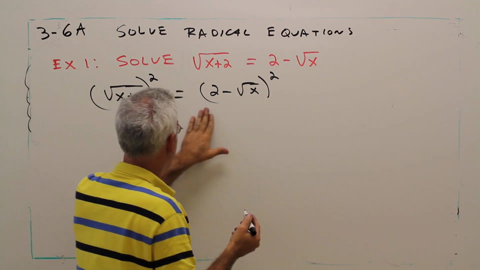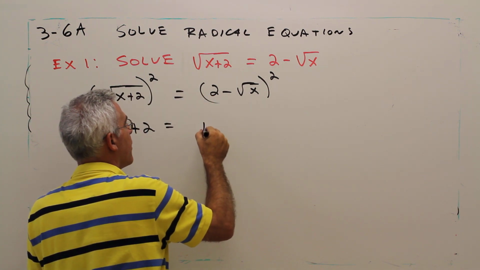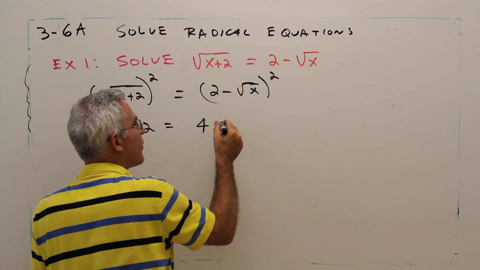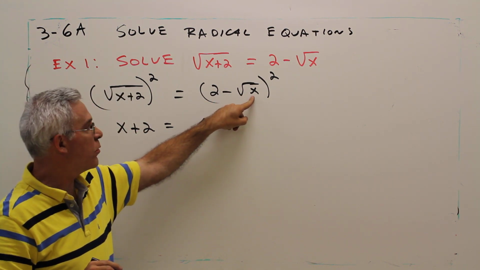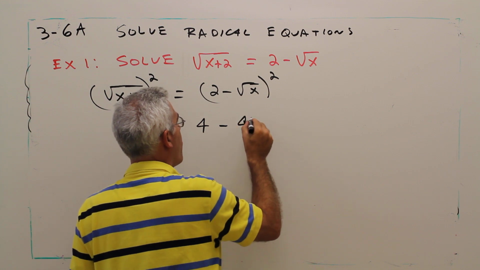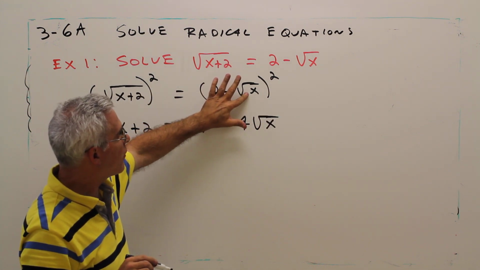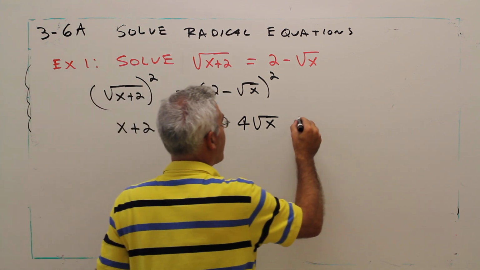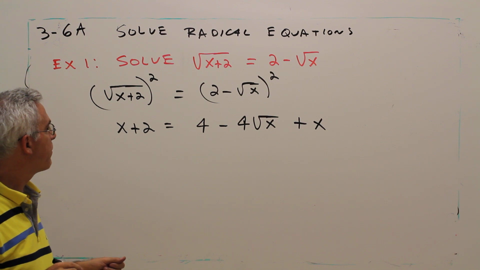I'll just use the pattern. So it's going to be first thing squared minus this times 2. So it's going to be 4 radical x, plus this thing squared is going to be plus x. Again, you can FOIL it and get the same result.